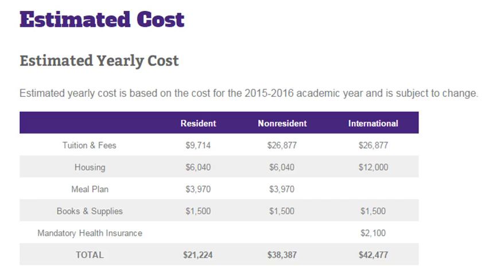So what we're going to do is walk through each of these items to see how it's calculated and what goes into it, okay? Now, for tuition and fees, if you notice, this is the only cost that is different for the resident, which means you are a resident of Louisiana. A non-resident means you live outside of the state of Louisiana.